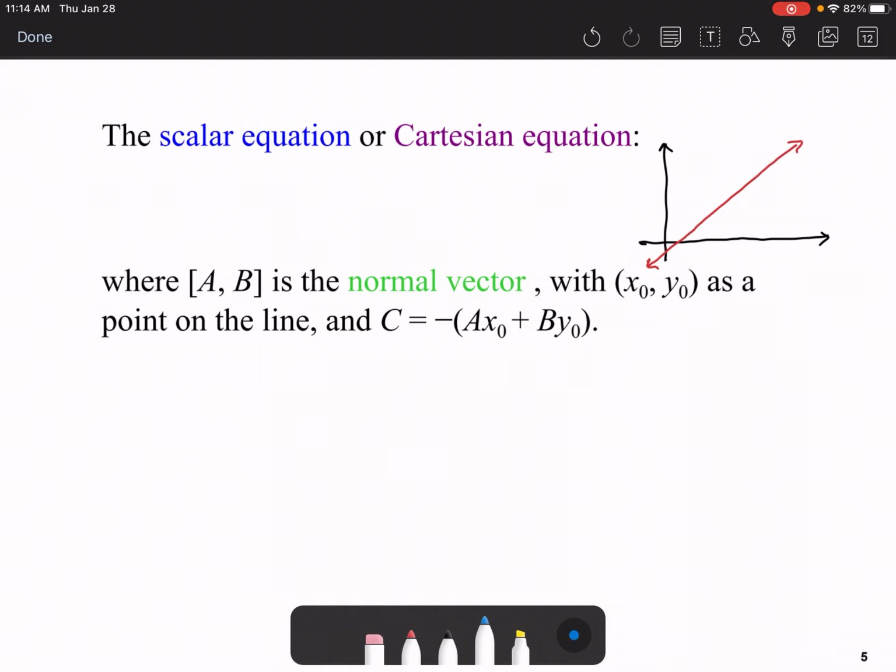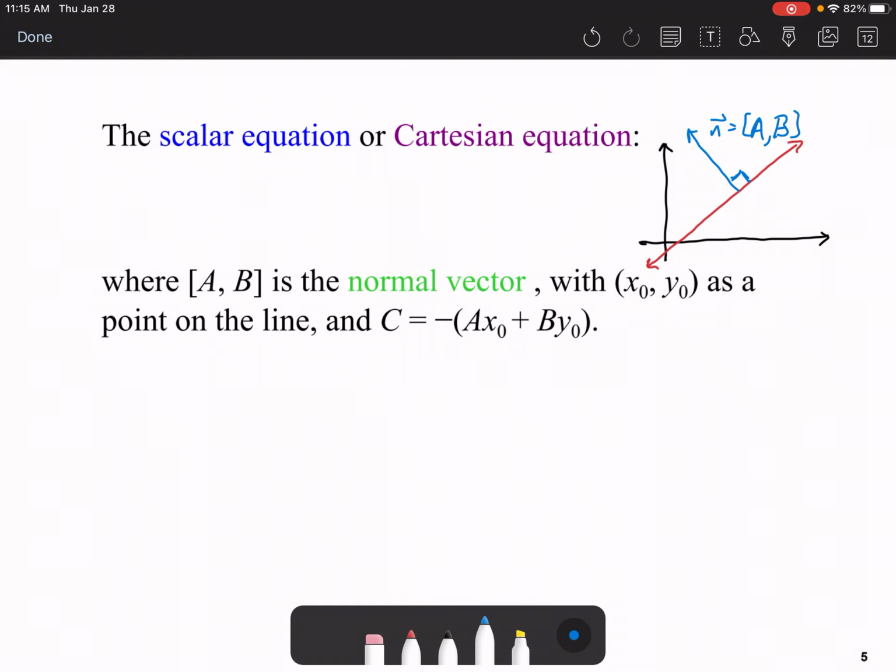So we looked at this idea. We talked about this in our last unit: a normal is a vector that is perpendicular to the original vector. So what we're going to do is call this vector n, and we're going to give it the letters A and B.